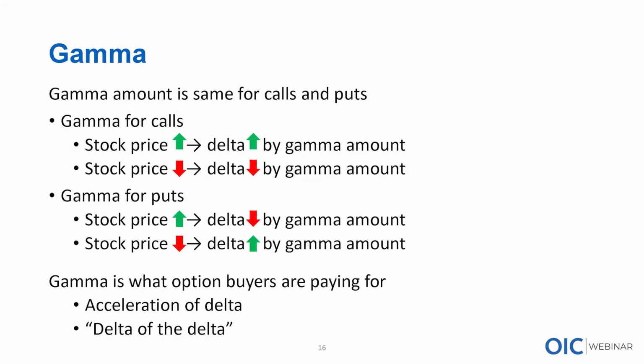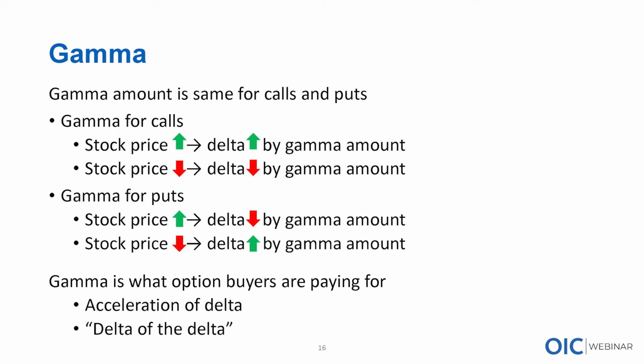Now, gamma is going to be the same for calls and puts that share the same strike and the same expiration. And for option buyers, this is what option buyers buy. They're buying the gamma. So if the stock price goes up, your delta is going to change by the amount of your gamma.